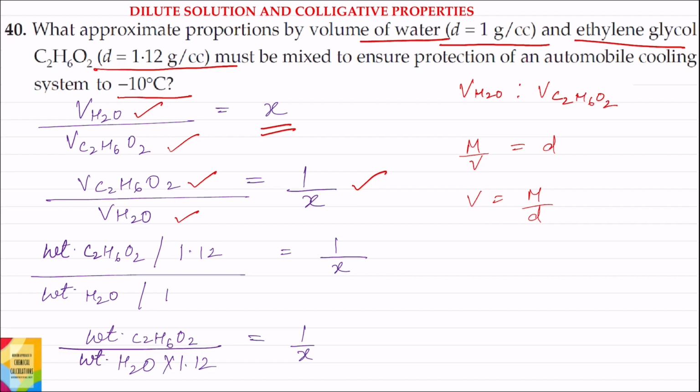Now instead of writing volume of ethylene glycol and volume of water, we can also write weight of ethylene glycol divided by density of ethylene glycol, which is given as 1.12, and weight of water divided by density of water, that is 1 gram per centimeter cube, and this is equal to 1 by x. Simplifying, we get weight of ethylene glycol divided by weight of water into 1.12.